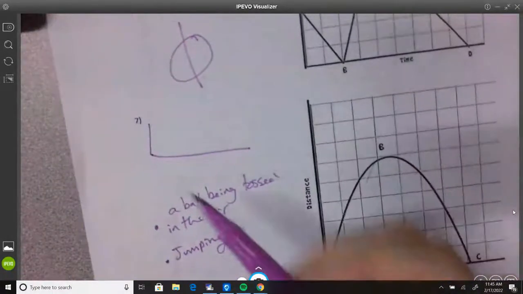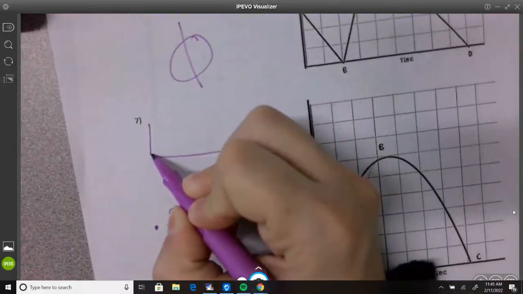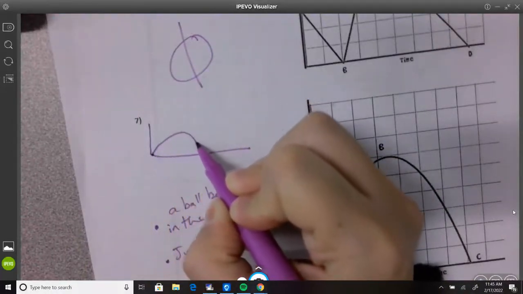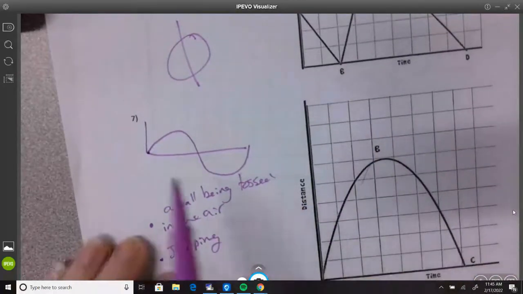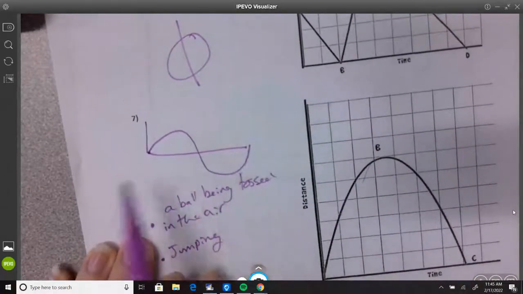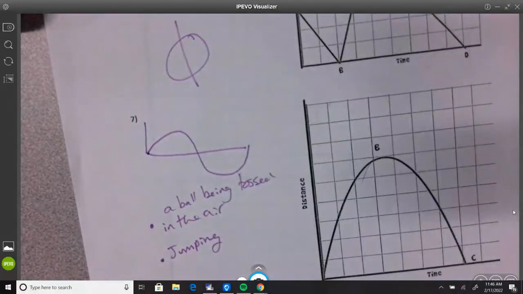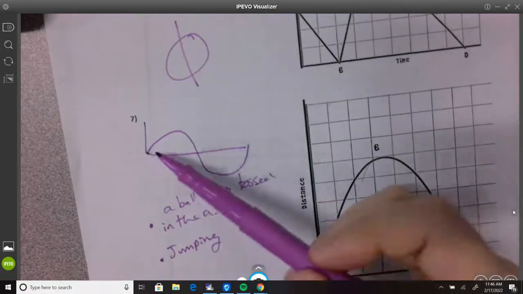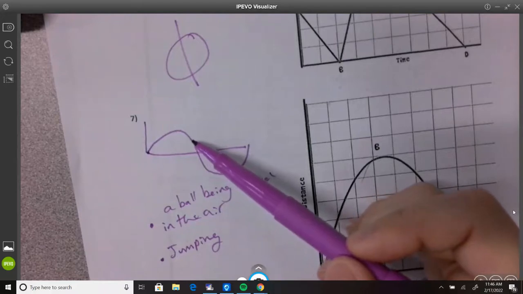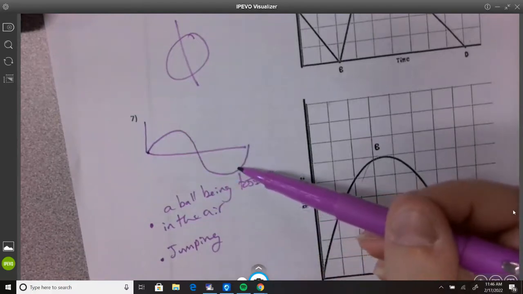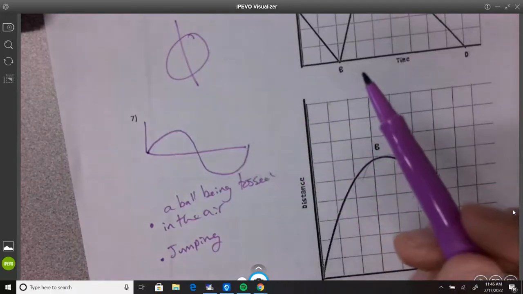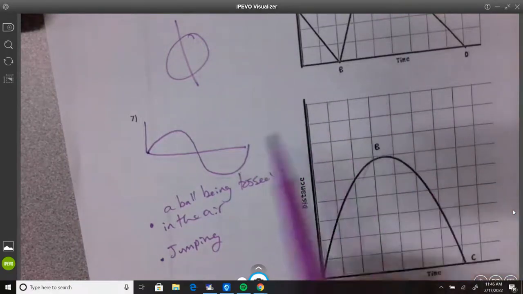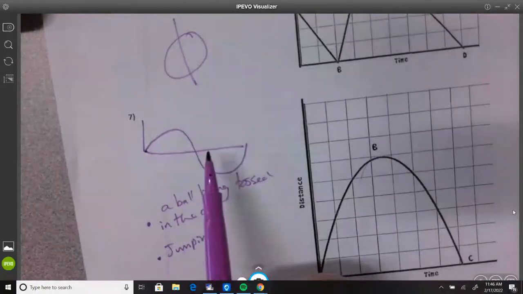What you're going to see, if the dog is moving around, it is going to go up and down. Essentially, you are seeing those two halves make that full circle. So the dog is gaining distance and it's still walking, and then again it's starting to lose distance as it's going back towards its start. So if you're walking in a circle, this is our general graph that we should see.